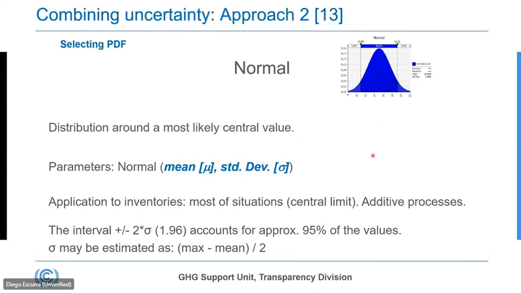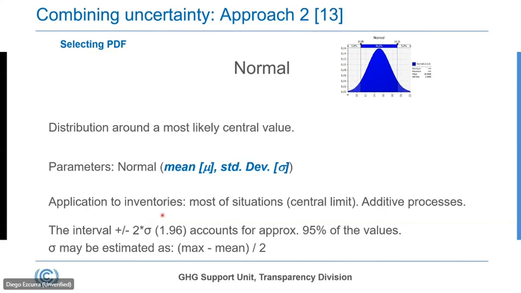One very good thing is that if we only know the confidence interval, for instance in the IPCC guidelines, and we know it behaves as a normal distribution, we can easily derive the standard deviation as we just did: half the width of the 95% confidence interval divided by 2.